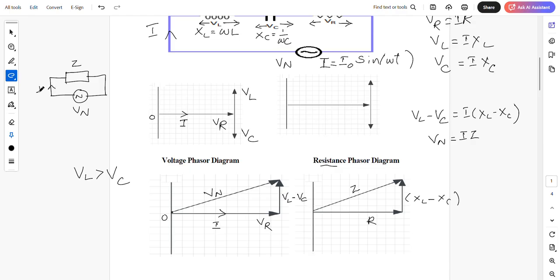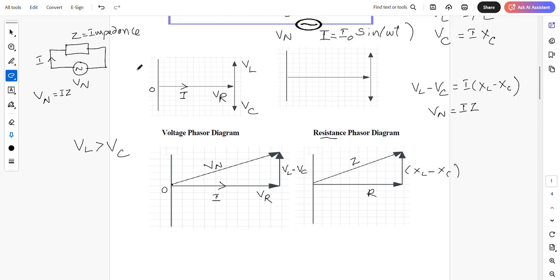This is I. According to Ohm's law, I is equal to Vn by Z, or Vn is equal to I into Z, where Z is nothing but the impedance of the circuit. This is the opposition offered to the flow of alternating current. Z is impedance.